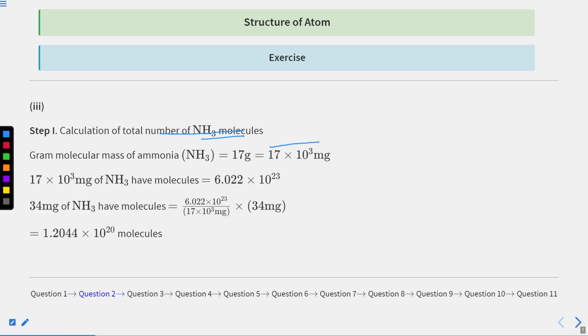First we will calculate the gram molecular mass. Okay, now we know that in 1 gram molecular mass there is this much number of molecules. So therefore 34 will contain how much? So we will divide it by 17 and multiply it by 34. So we will get this much number of molecules present in 34 milligram of NH3.